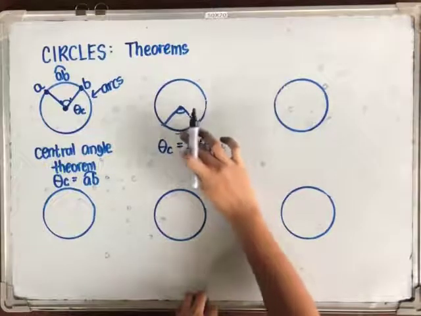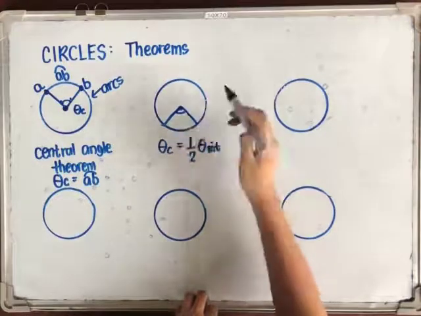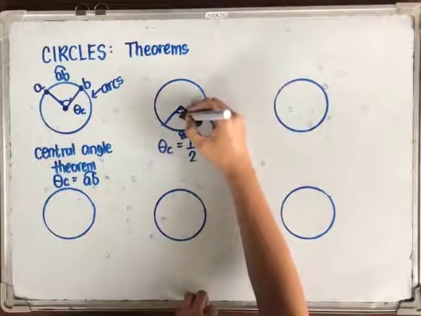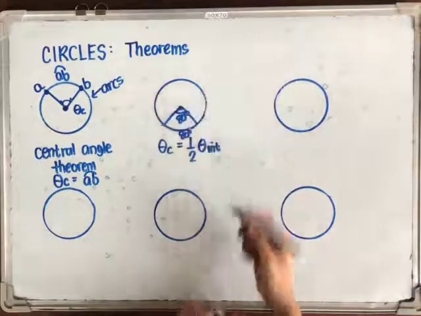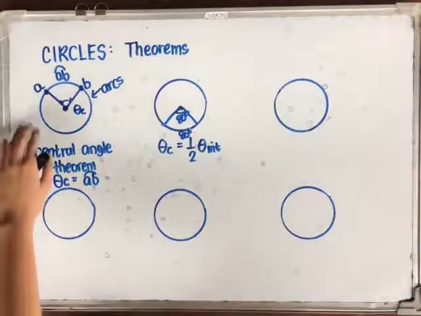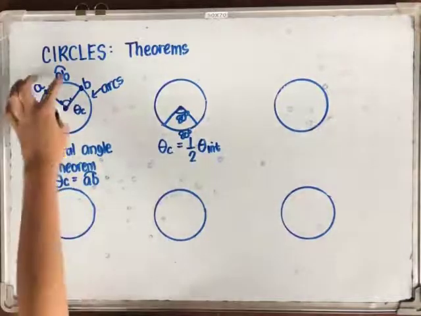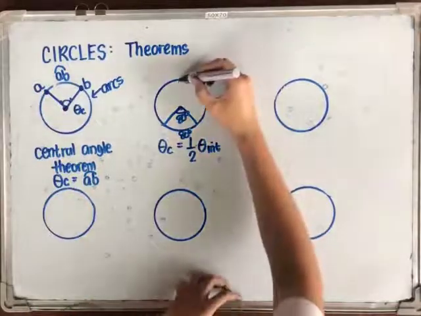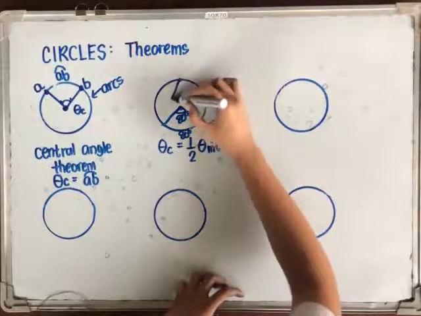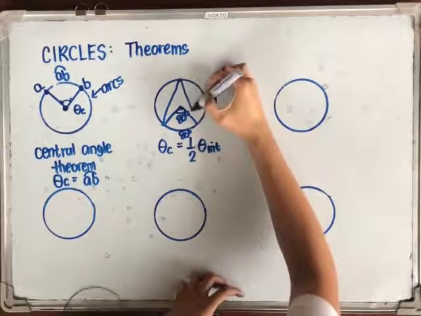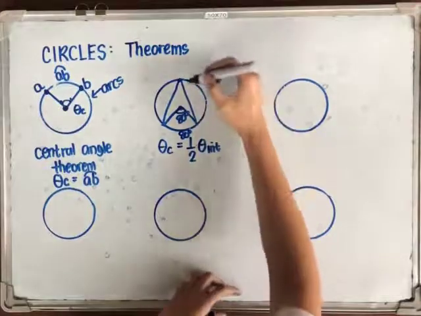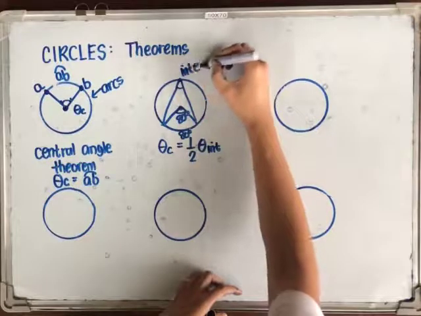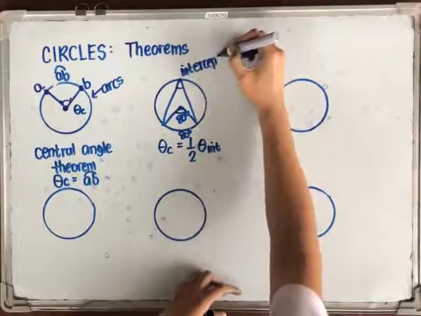Na kung sabihin ko itong arc nito is 80 degrees. 80 degrees ito. Basically, yung central angle mo is 80 degrees din. Galing dun sa ating concept sa unang theorem. Kung ano yung arc dito, yun din yung magiging central angle. And if you have another angle here na nag-i-intercept ng the same arc na yan, you call this the intercepted angle.